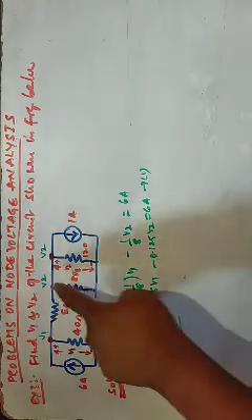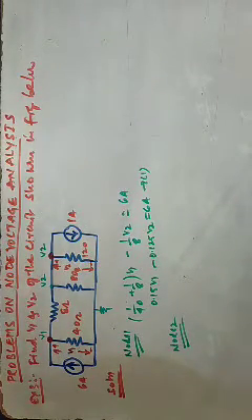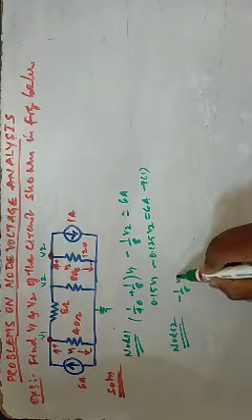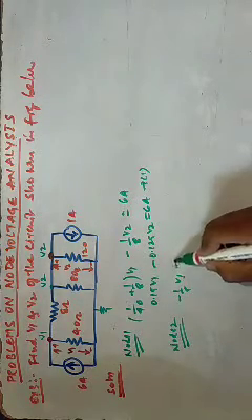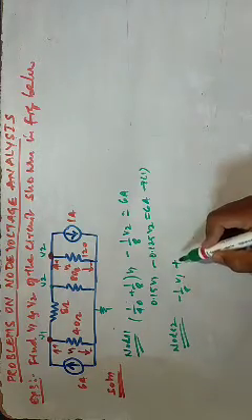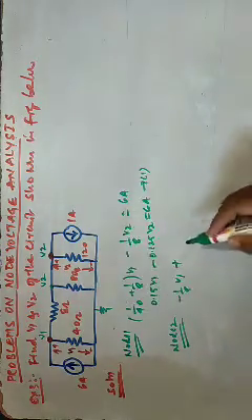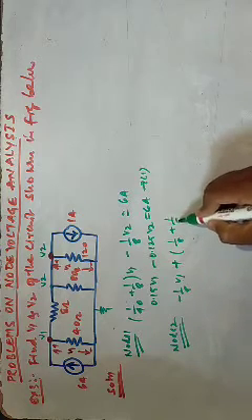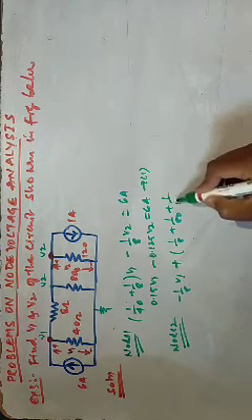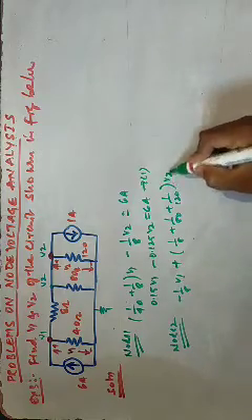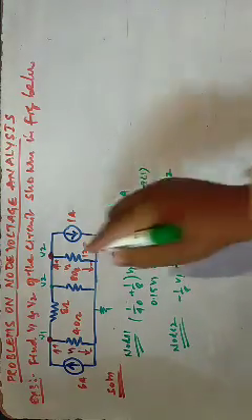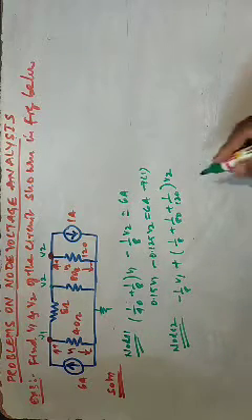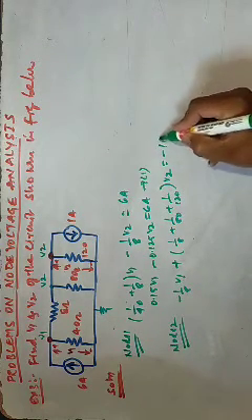For node 2, the 8 ohm is shared between V1 and V2, so minus 1 by 8 V1 plus, for node 2, 8 ohm, 80 ohm and 120 ohm, so 1 by 8 plus 1 by 80 plus 1 by 120 into V2. Since this current source is moving away from the node, this is equal to minus 1 ampere.